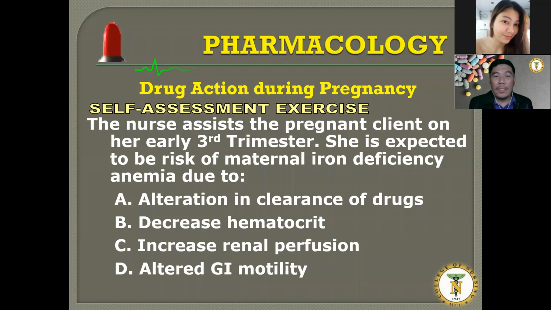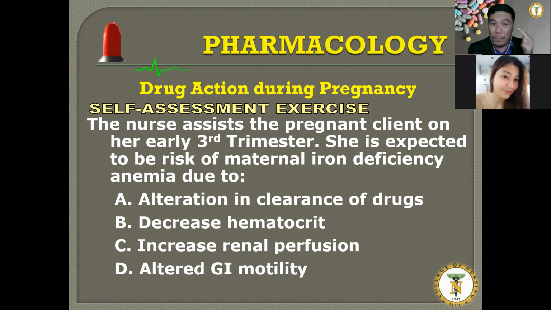of anemia. Second, she's expected to be at risk of maternal iron deficiency anemia. Anemia is related to blood. Now, you will focus on the best answer from the choices that is related to blood. Alteration in clearance of drugs may not be related to blood simply because the clearance itself is related to either the liver or the kidney.